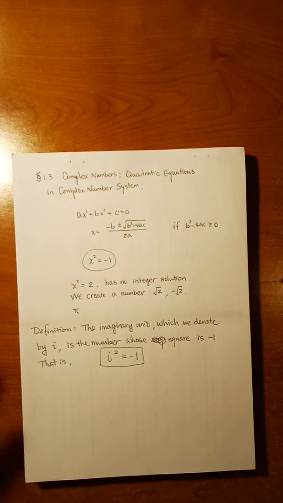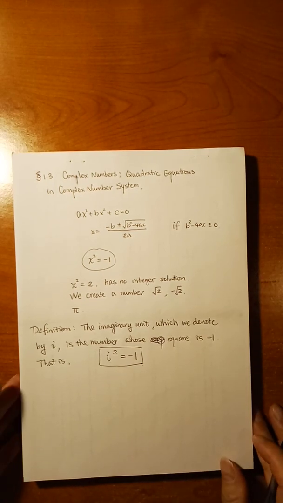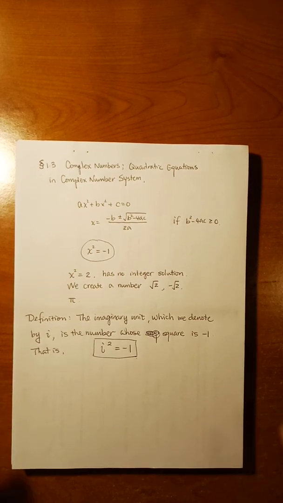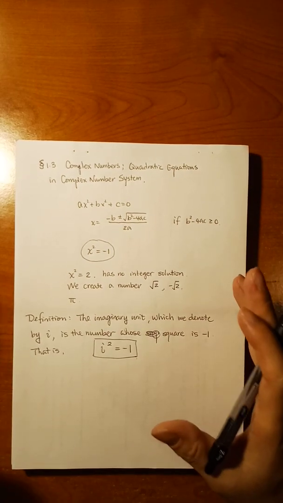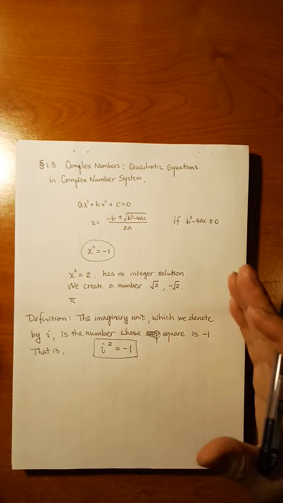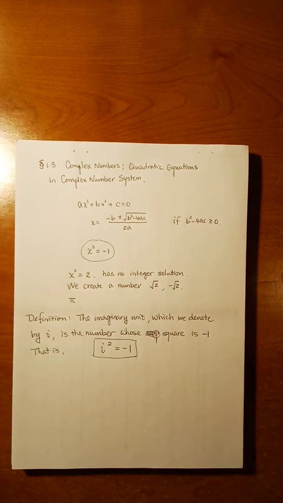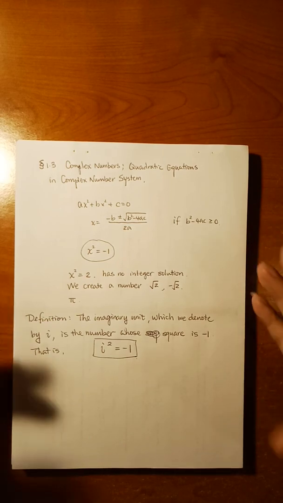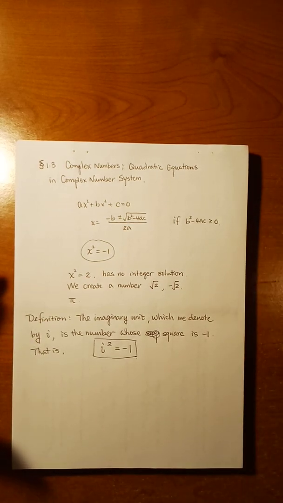So we do have a lot of expansions of the numbers. Whenever we cannot solve certain equations in the known number system, we are going to expand our number system, introduce more new numbers so that the equation has a solution. Okay, so that's the basic idea.